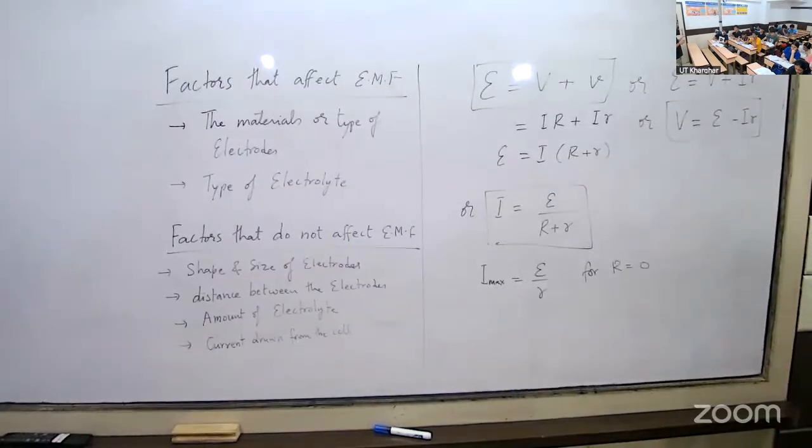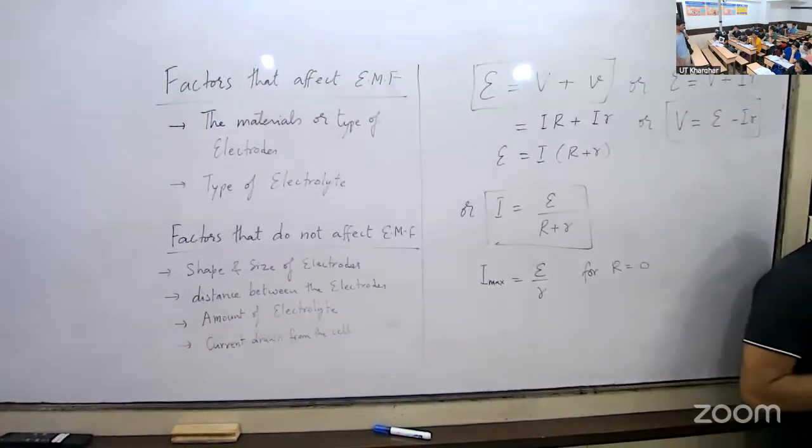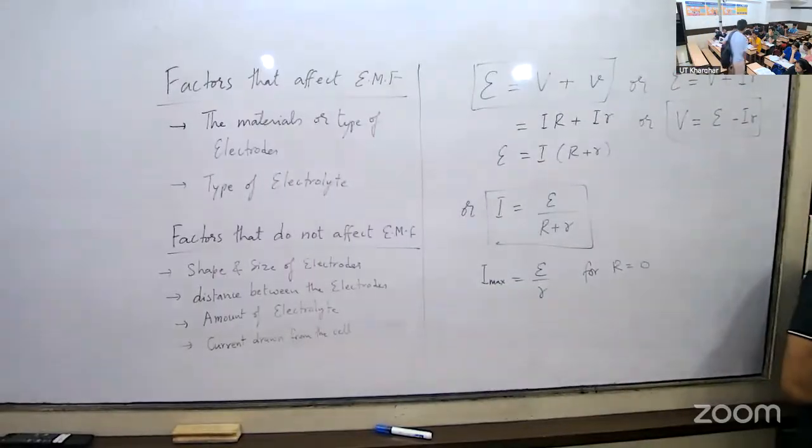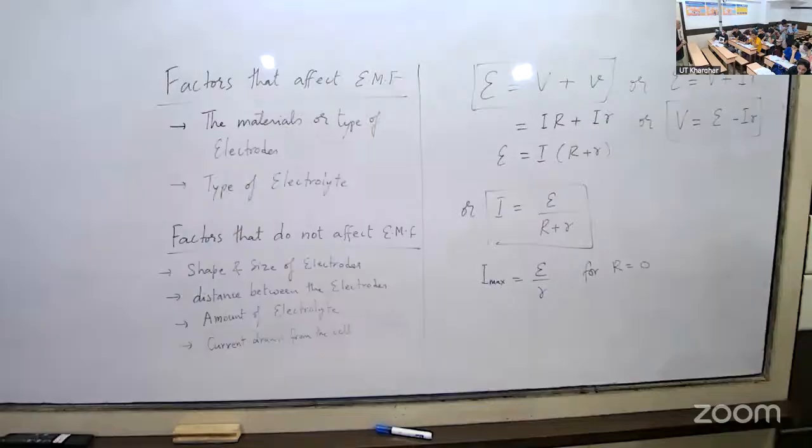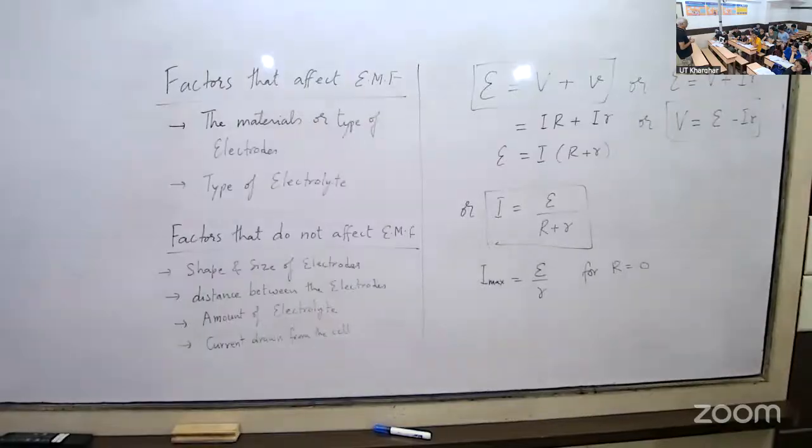Till when will it not change? Till the lifetime of the chemical reaction of the electrolyte and electrode. There are two things about the chemical reaction that I had told you: one is the equilibrium condition and the other is lifetime. Does anyone remember the equilibrium condition and lifetime of a chemical reaction?